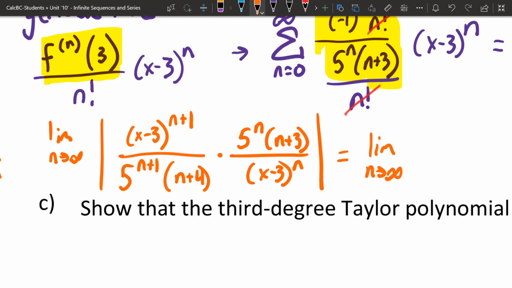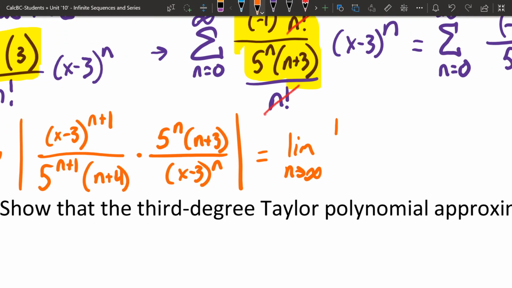Let's group together like terms. Let's go ahead and split up those exponents with sums in them as well. So that first one can be x minus 3 to the n times x minus 3 to the first power. We don't really need to write that. And then I'm going to group that with the other x minus 3 in the denominator.